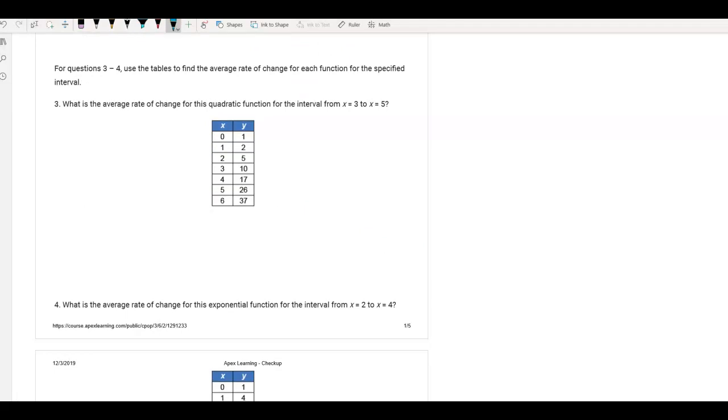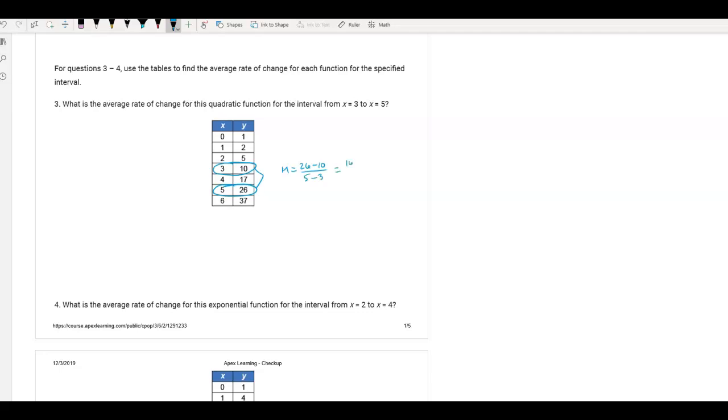What is the average rate of change for the quadratic function for the interval from x equals 3 to x equals 5? So again, if we were to graph these two points and find the rate of change between them, your slope or rate of change would be 26 minus 10, subtract the y's, over subtract the x's.